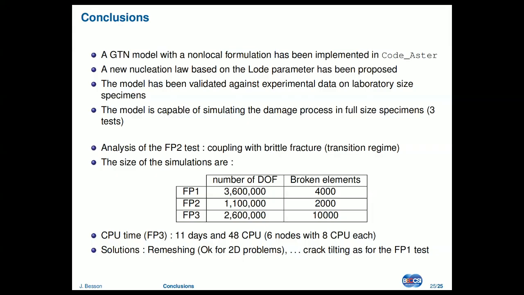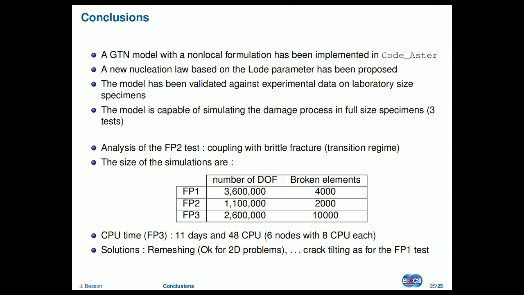So this test, with a big computer at EDF, took 11 days, and we used 48 CPUs, so some kind of big calculation. That's actually an issue we are trying to tackle right now. A solution could be remeshing. We have some papers about remeshing. It's more or less working in 2D.